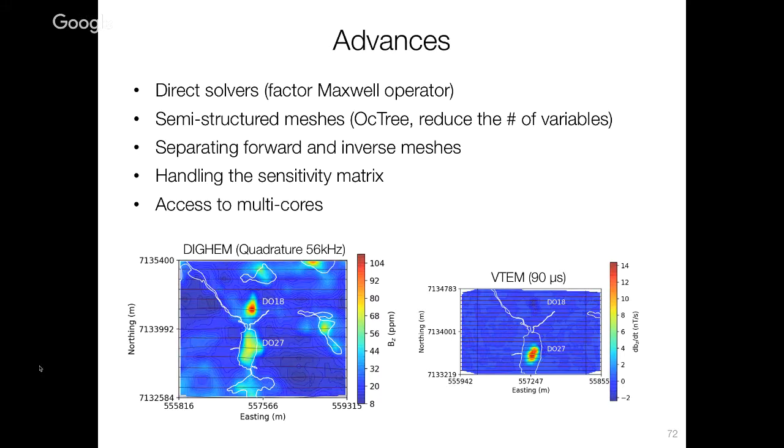So the advances are direct solvers, where we can factor the Maxwell operator; semi-structured meshes like octree, which allow us to reduce the number of variables; separating the forward and the inverse mesh; handling the sensitivity matrix; and access to a whole bunch of cores.